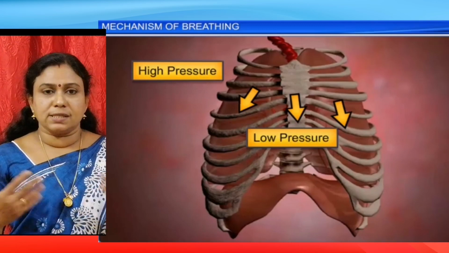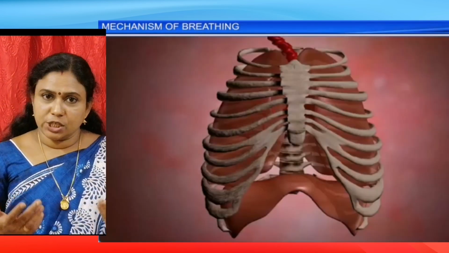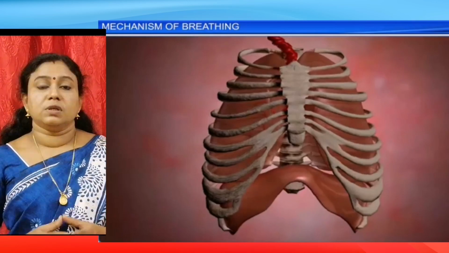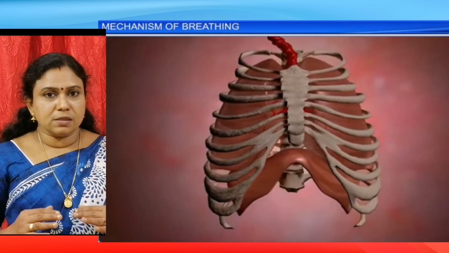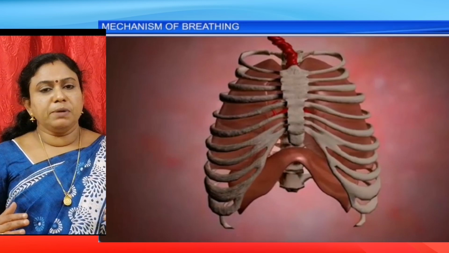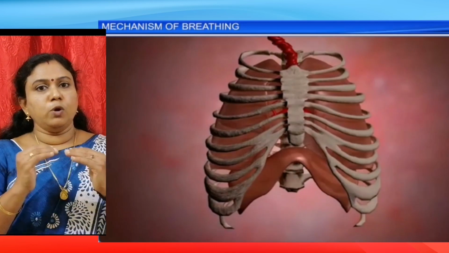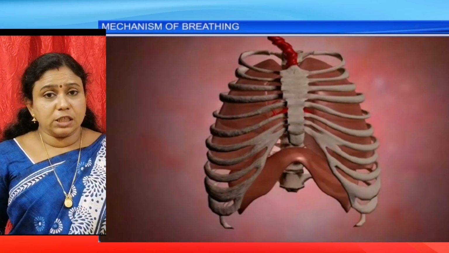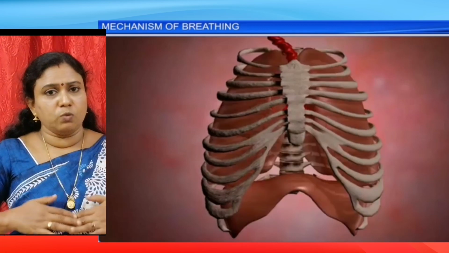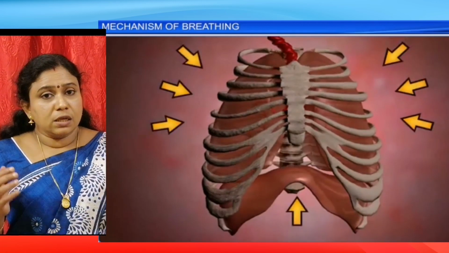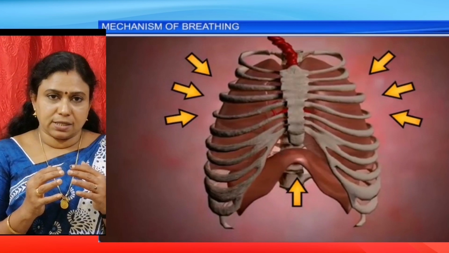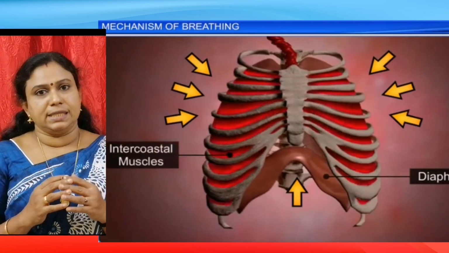Now next is exhalation. During exhalation, the reverse process takes place. That is, the diaphragm muscles relax and it becomes dome shaped and pulled upwards, and the rib cage is pulled inwards and downwards, and as a result the thoracic cavity contracts and the volume decreases.